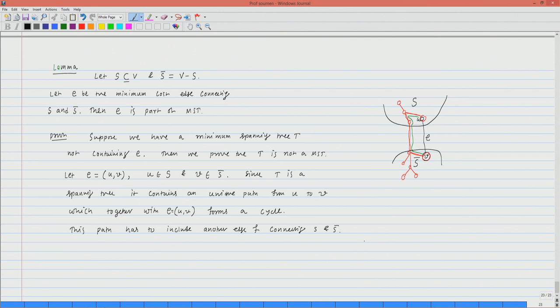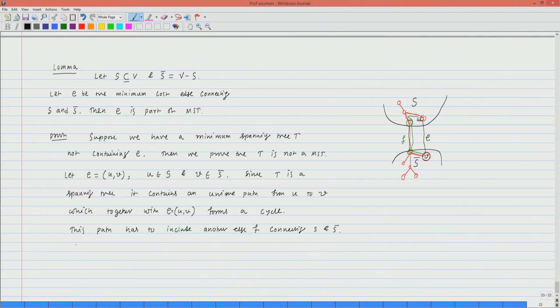This is true because, at least for this example, you can see that this part includes another edge, the edge f, this one. This is the edge connecting S and S complement, and this edge is there in the spanning tree, in this green path. So, this is what the f is. Okay.